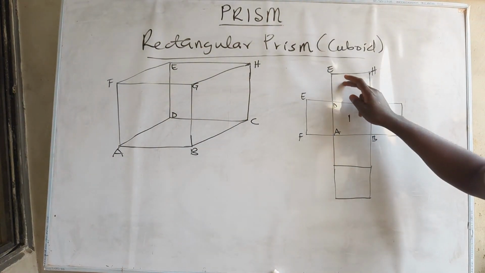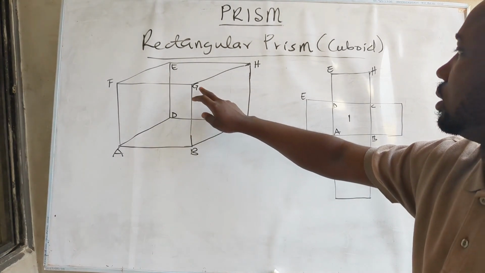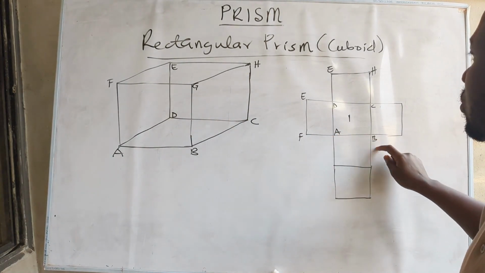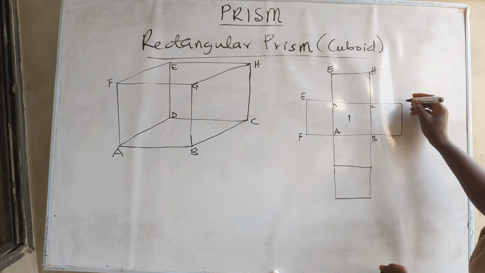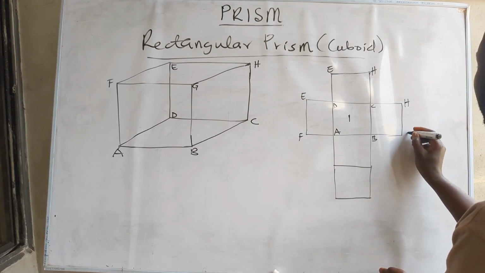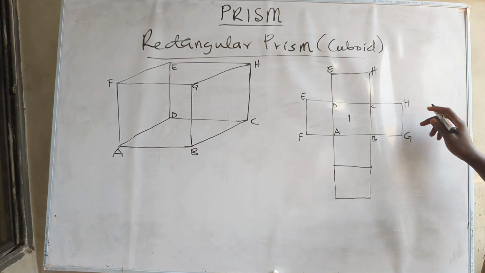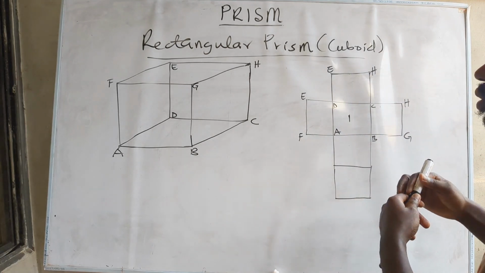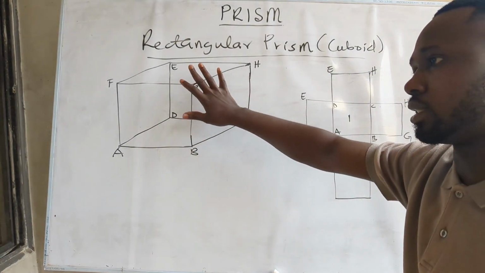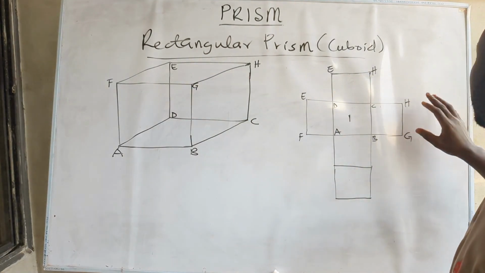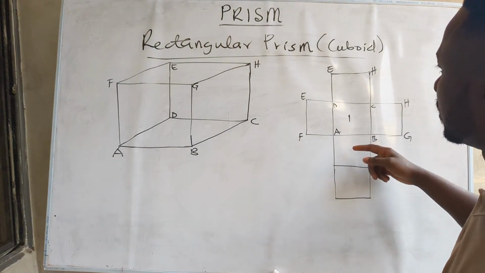Then let me come to this side. JHBC. So BC is here, I have my H here, and then my J will come here. When you fold it and bring it like this, the J and the H will be here. Then let's come down here.